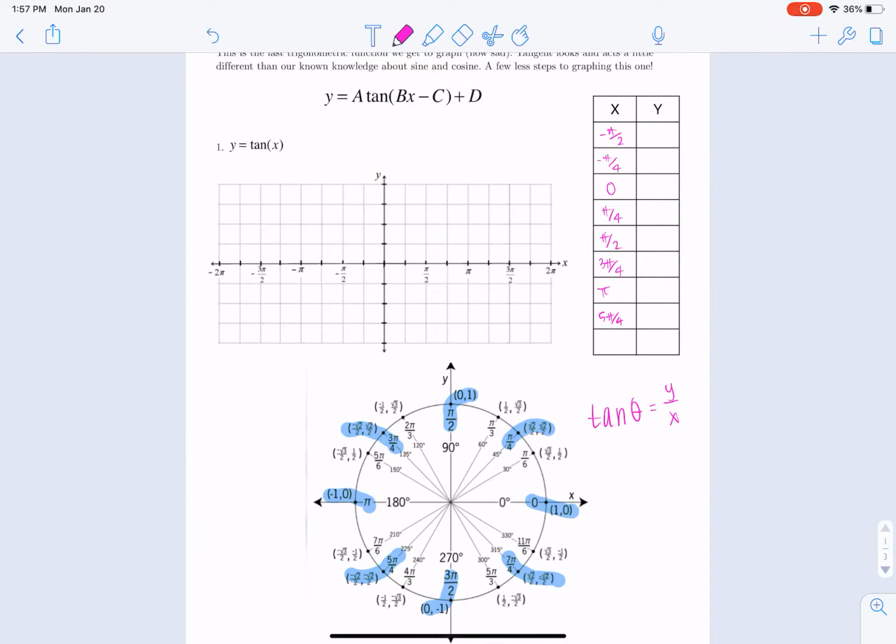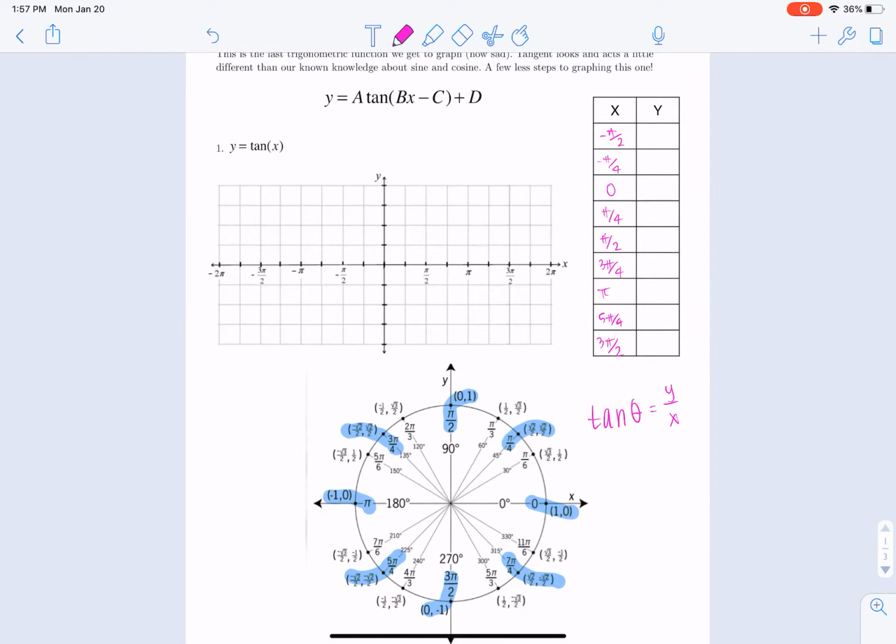As we graph this first chunk of tangent, I think it will make more sense as to why we start in the negatives and not necessarily start at 0 like we do for our other functions.